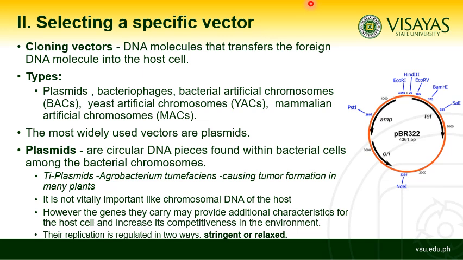This specific transfer DNA causes the crown gall to develop once it is inserted into the genome of the bacterium's plant host, then the plant host will manifest the tumors in its organ.